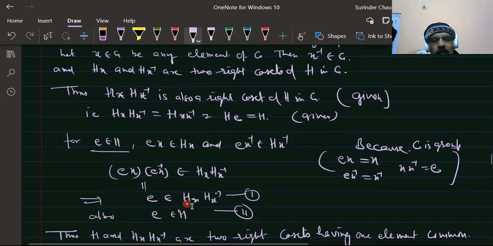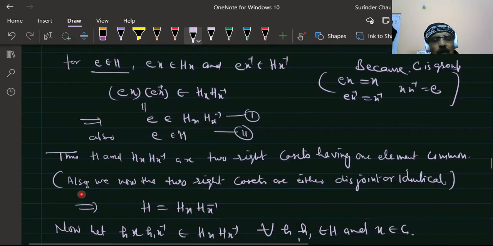So e belongs to Hx into Hx inverse, and e also belongs to H. Thus H and Hx inverse are two right cosets having one element common.